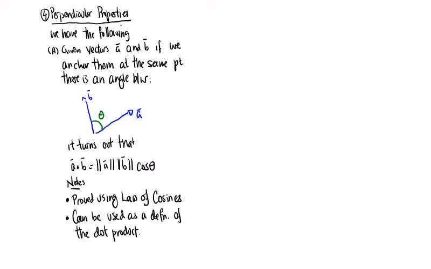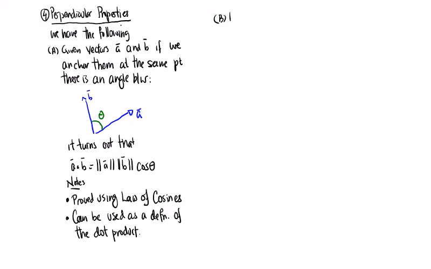Right? So here's the important thing that comes out of this, or a couple important things, but here's the first big one. Think about what would happen if the vectors were perpendicular. If A and B were perpendicular, the angle would be 90 degrees, pi over 2. The cosine of 90 degrees is 0, and the dot product would be 0.